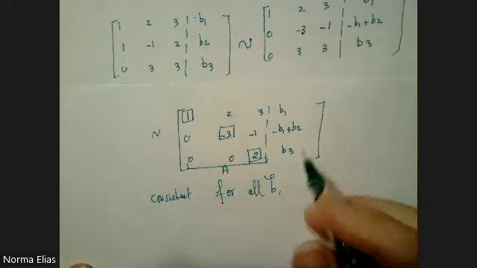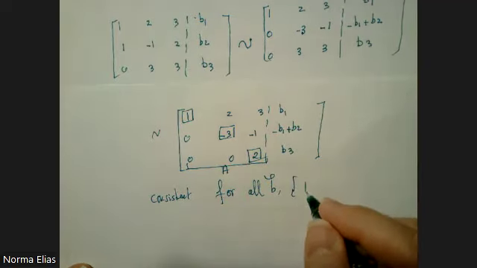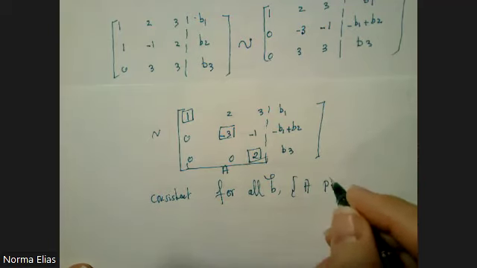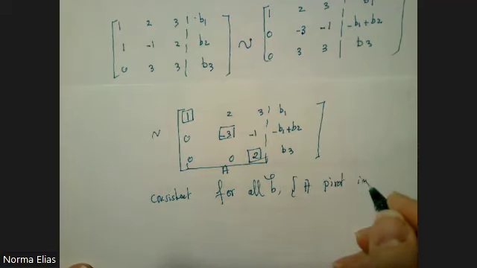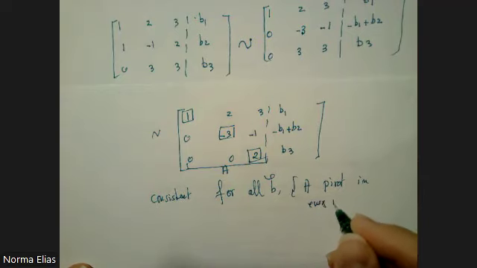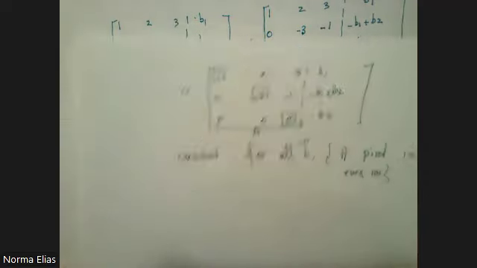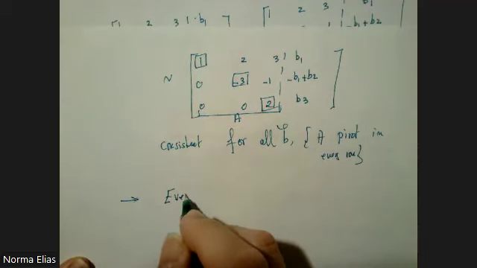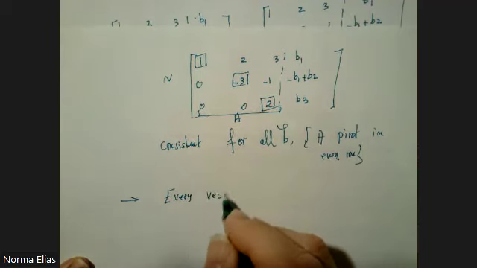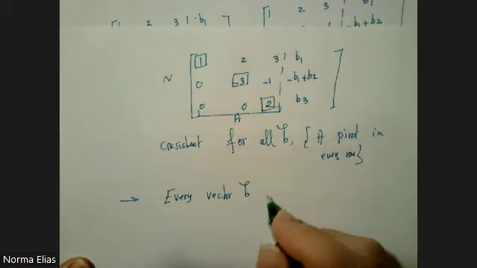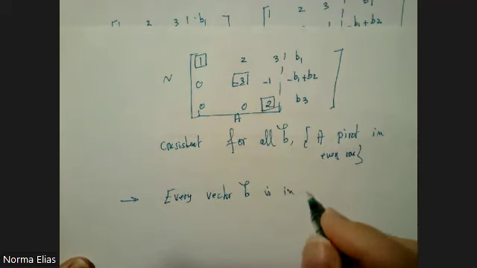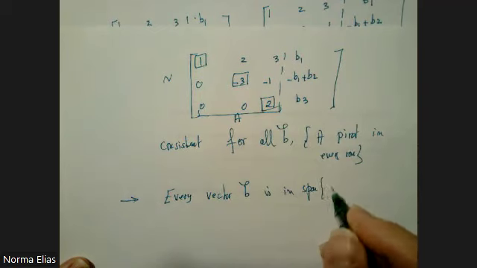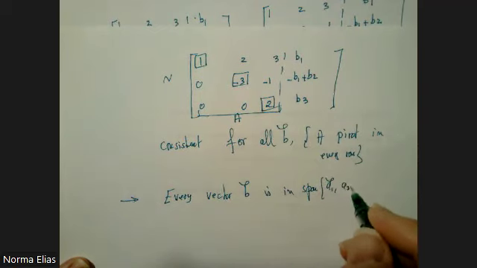So I don't care really what's happening in here. This is consistent for all B because A has a pivot in every row, which means that every vector B is in the span of the vectors A1, A2, A3.